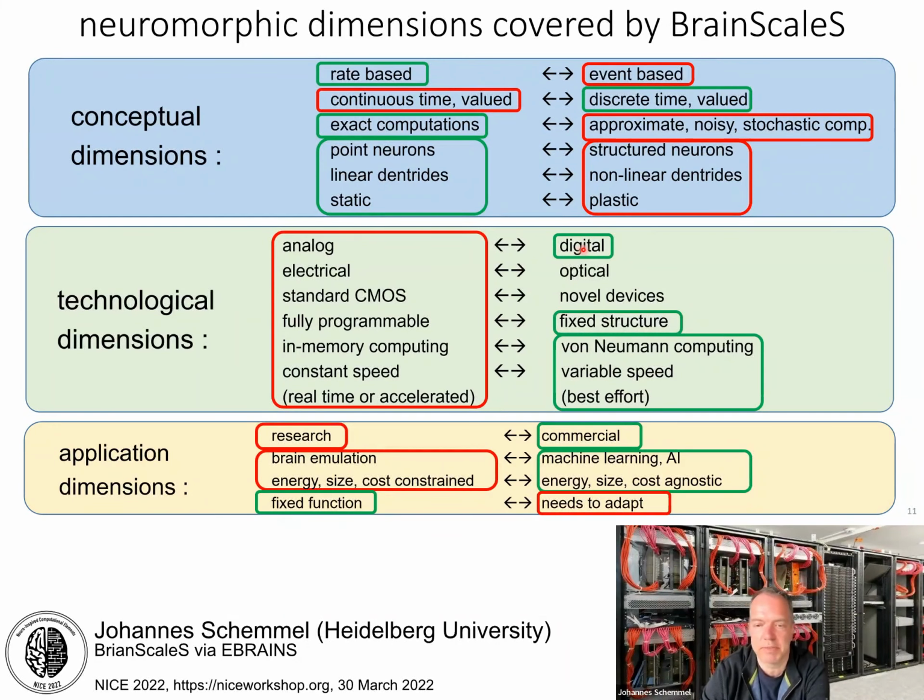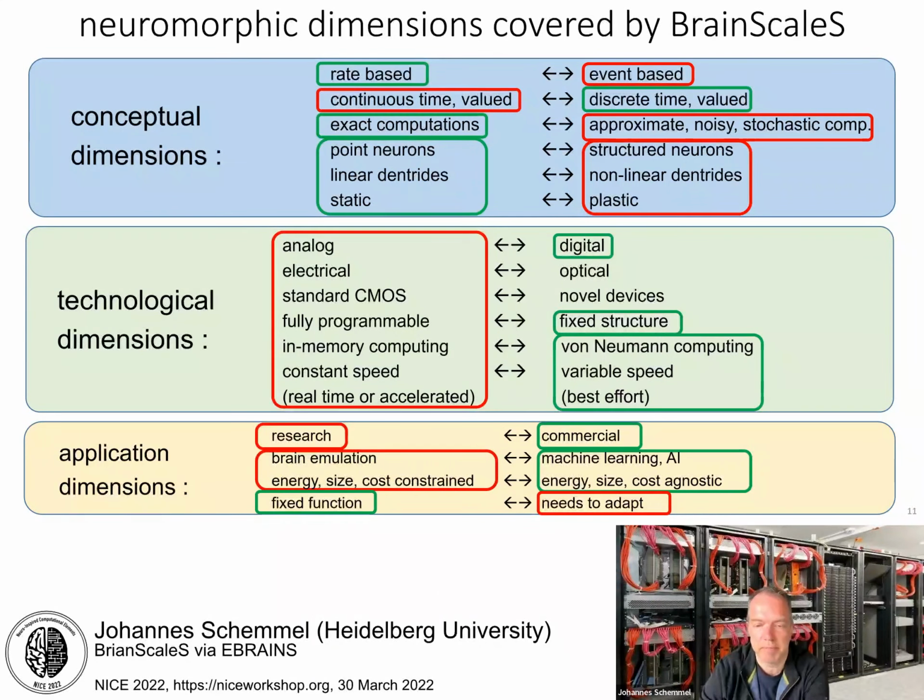Also, parts of the systems are digital, so it's not that easy. And so parts do also calculate in a von Neumann computing way and with the best effort concerning speed. So this is just to show that this kind of systems have a very broad range of applications.